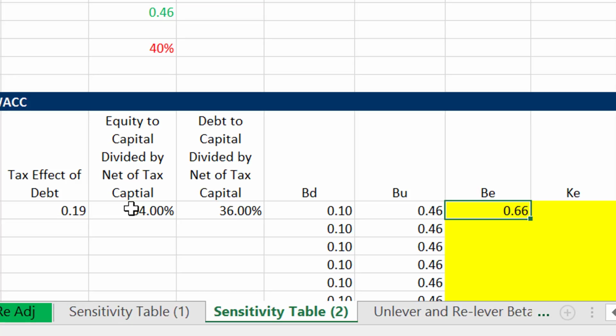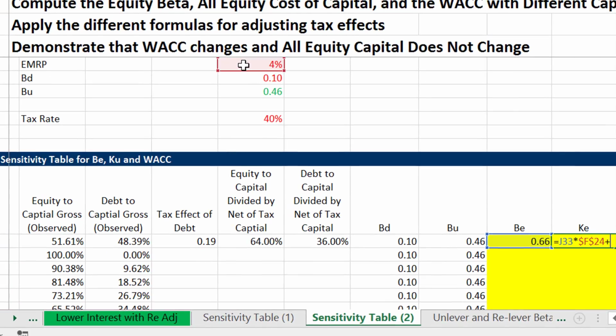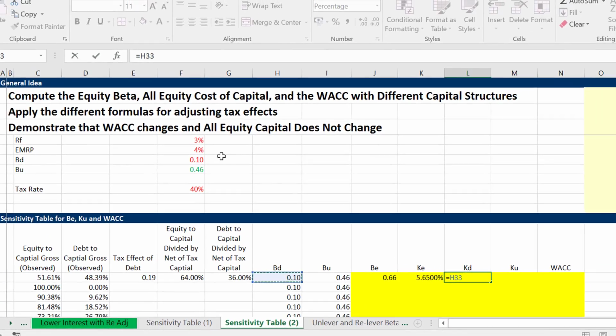That's what we get. And then our cost of equity is the beta of the equity multiplied by the equity market risk premium plus the risk-free rate. And the cost of the debt is the beta, which is my next subject, times the equity market risk premium plus the risk-free rate. I hate doing this because it's so wrong.